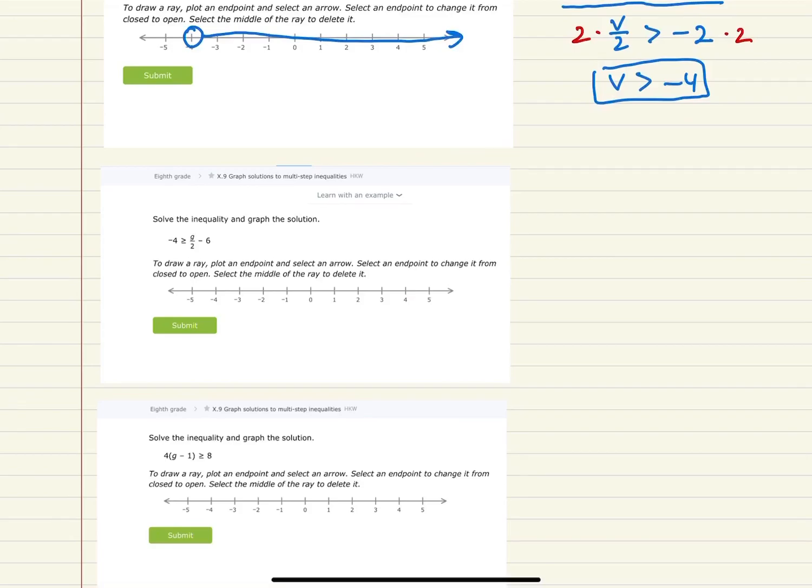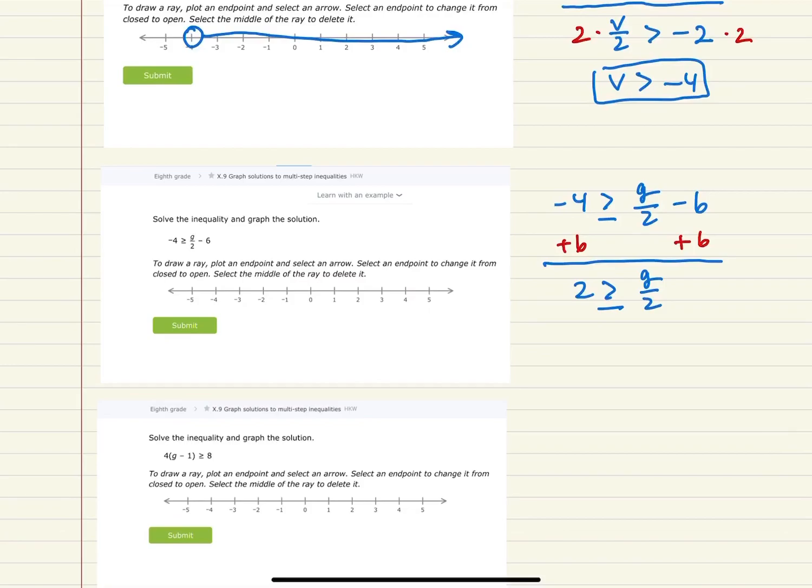We have negative 4 is greater than or equal to g over 2 minus 6. So, a two-step inequality. First, we're going to get rid of the 6, so we're going to add 6 to both sides. And this gives us 2 is greater than or equal to g over 2.